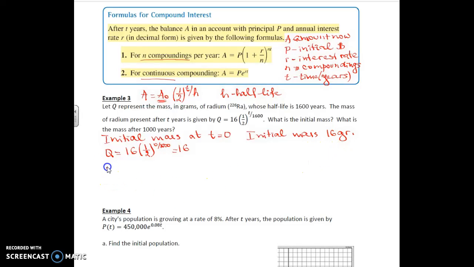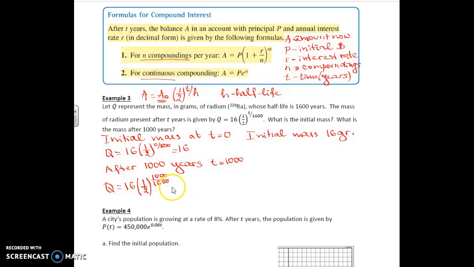And then to calculate what happens after 1,000 years, that means that t is going to be equal to 1,000. It looks like I know everything I need to calculate Q. Q is going to be equal to 16 times 1/2, and then instead of t, I'm going to input 1,000 over 1,600.